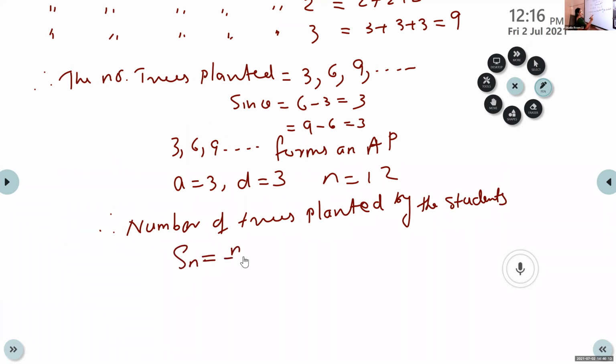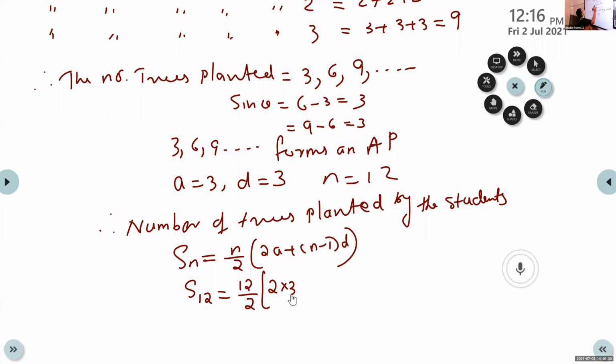Write the formula: S12 equals 12 by 2 into 3 plus 12 minus 1 into 3. Calculate how many trees are planted by the students.